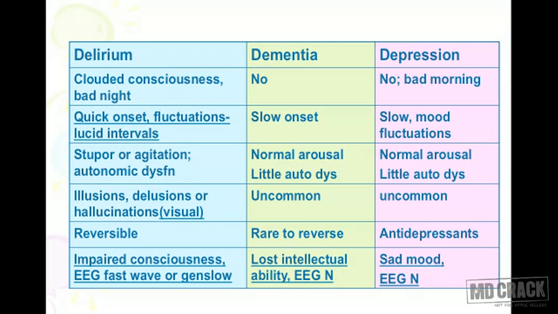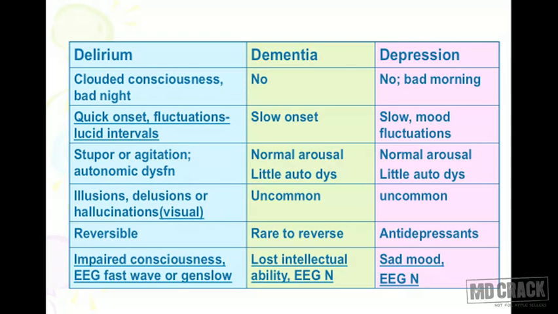The last row is again highlighting and telling you the importance. In delirium, there's impaired consciousness and the electroencephalogram might show fast waves or the generalized slow type of waves. Whereas in dementia, there's lost intellectual ability.